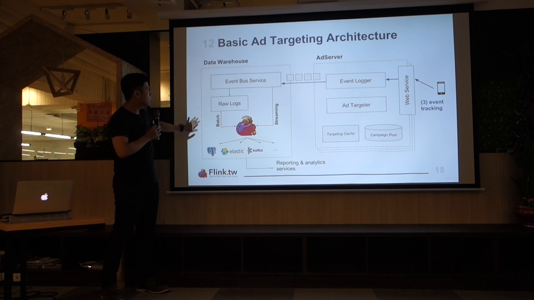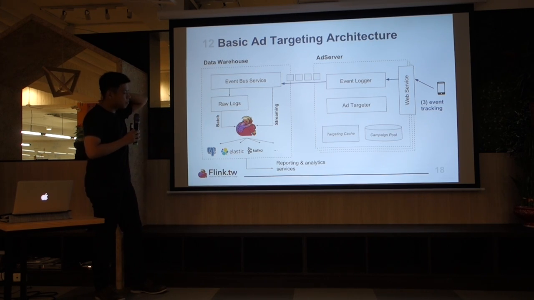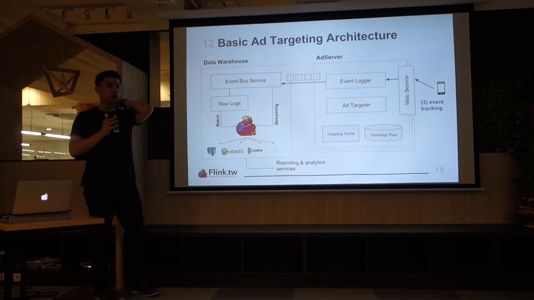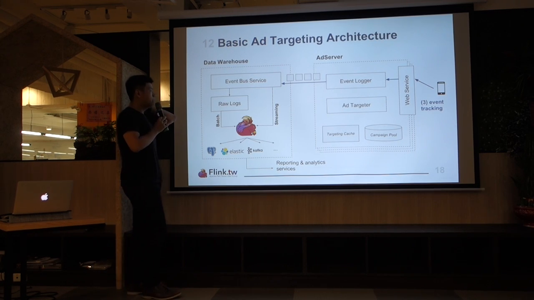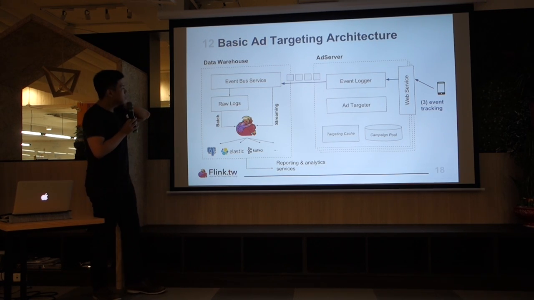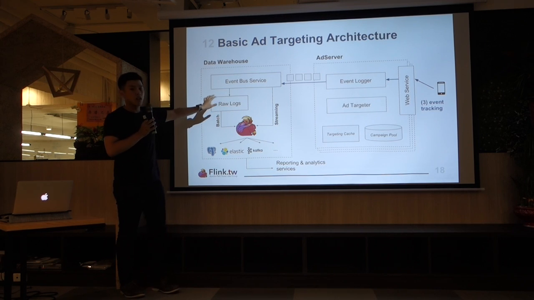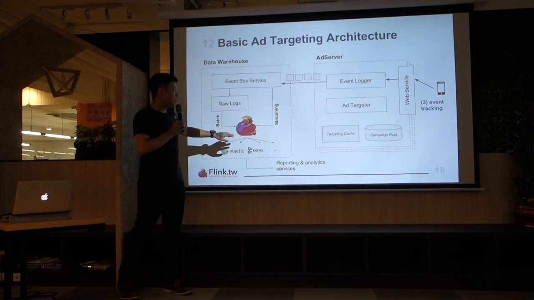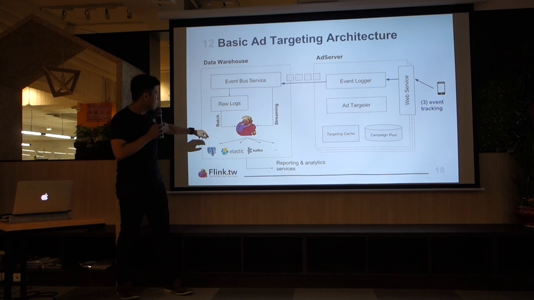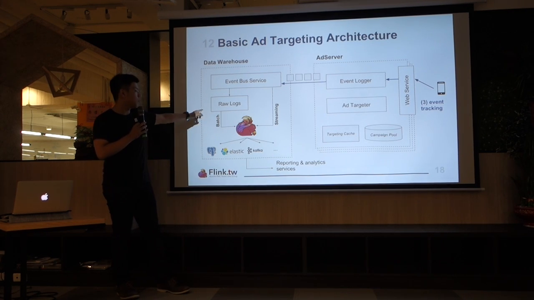And this is sort of the POC that is happening right now at VM5. And we have an event bus service. And the event bus service either goes to raw logs or directly streams to Flink, and then batch reads from raw logs.